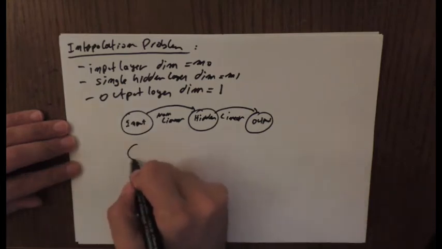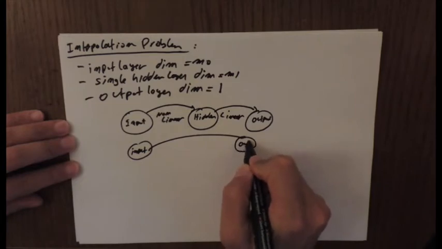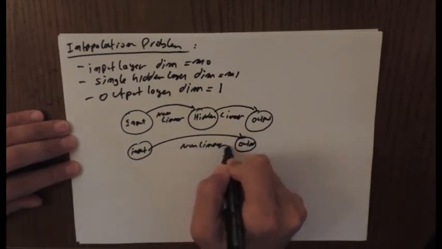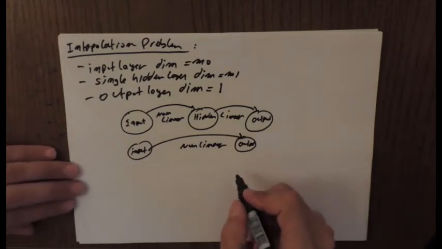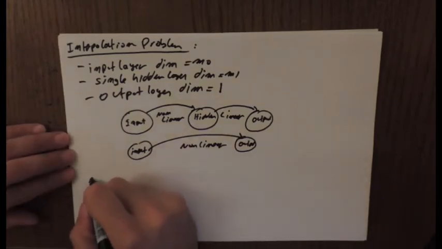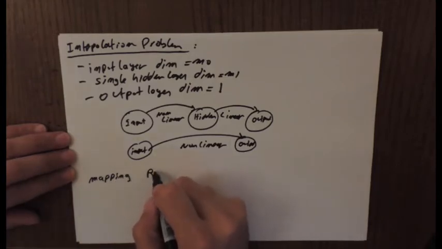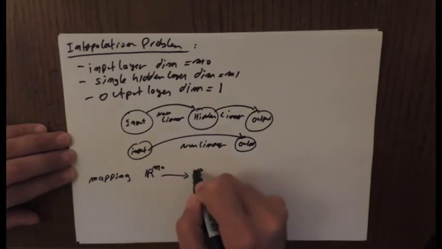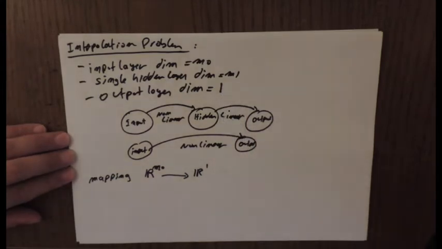So it can be looked at as going from input to output non-linearly, and here we have our separation. Now the interpolation problem can be looked at as a mapping from a space of dimension M0 to a space of dimension 1, since we have only one dimension at the output.